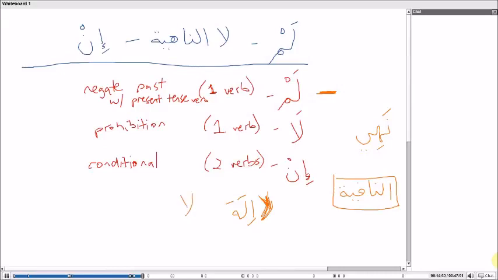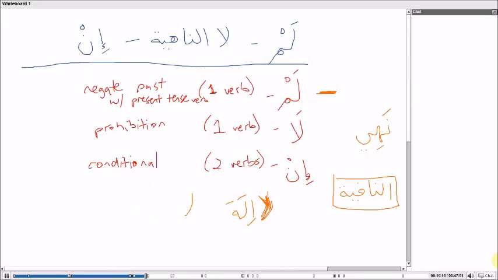Like La salata illa al-maktuba. These right here are not prohibitions, but negations of them existing.